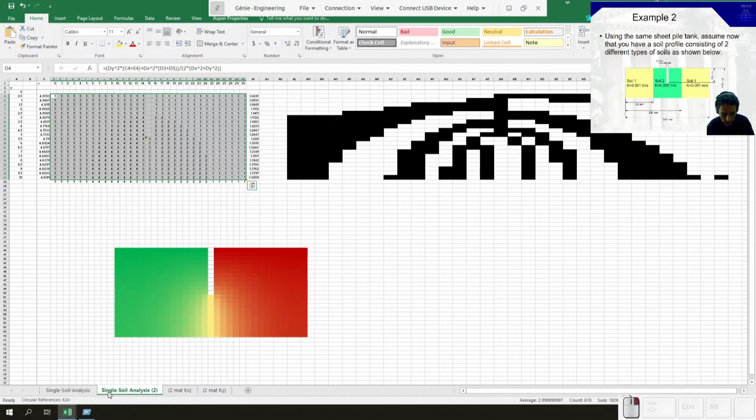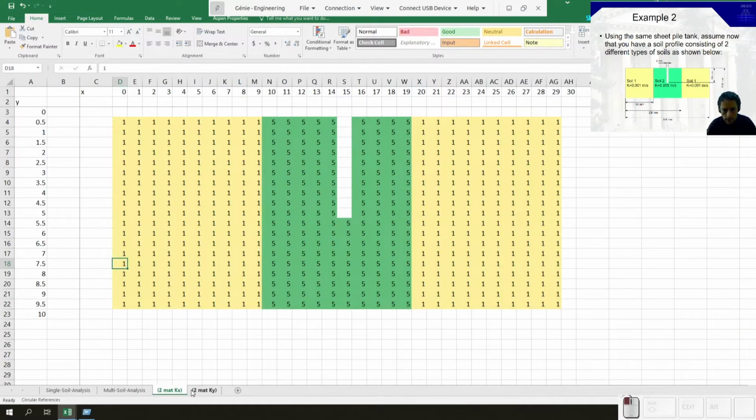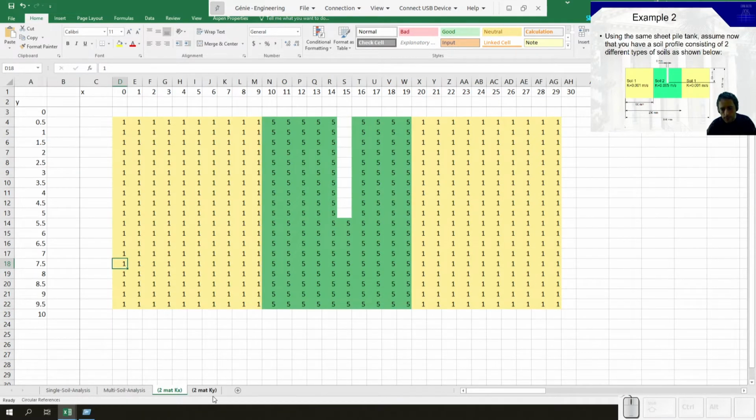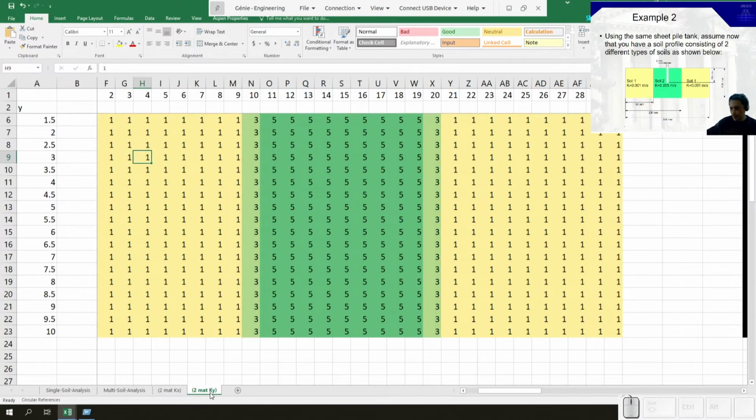Sorry, I'm going to rename it multi-soil analysis. So we don't need boundary conditions when we're defining here the hydraulic conductivity. I have kx equal to ky in this particular example, but just remember it doesn't need to be the case.